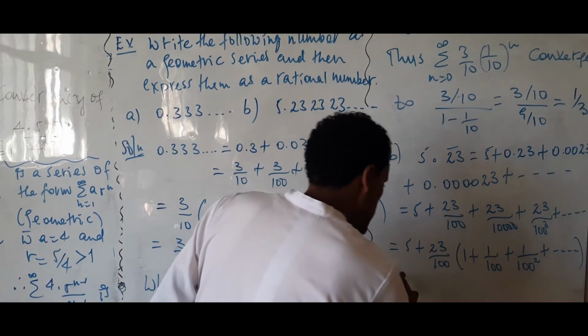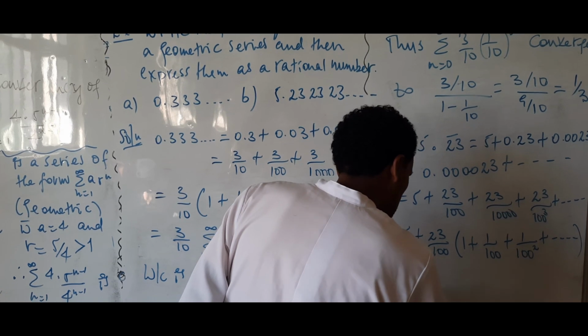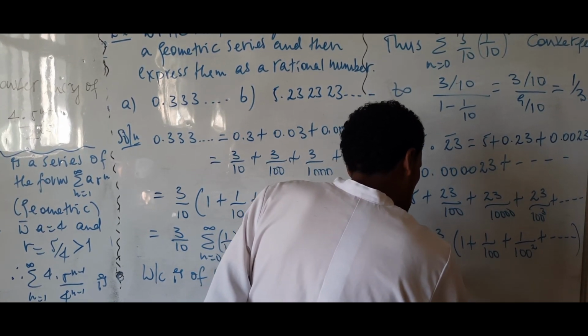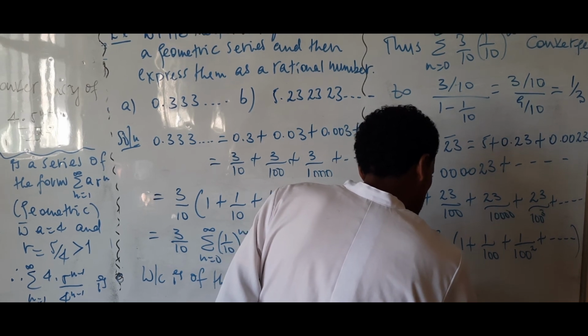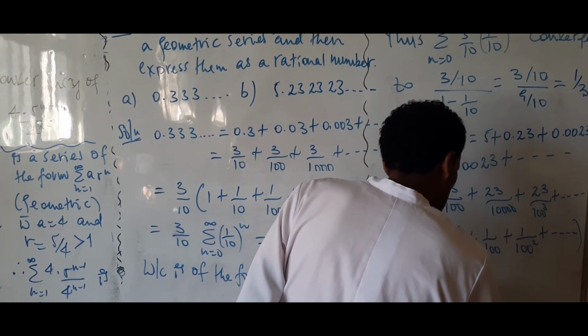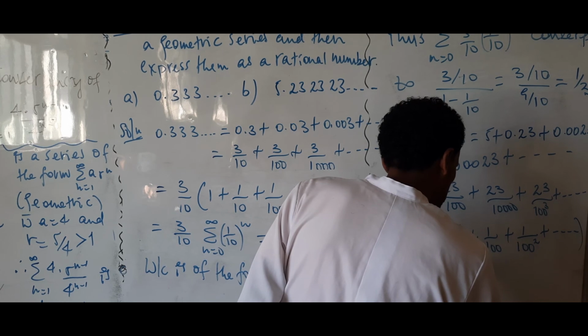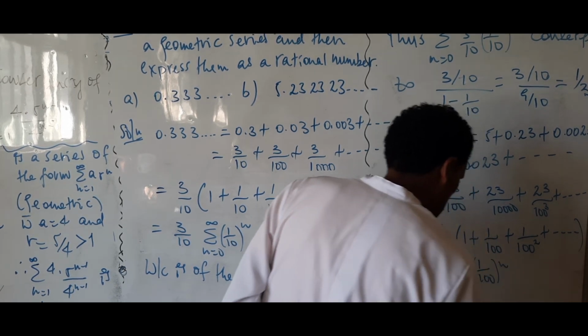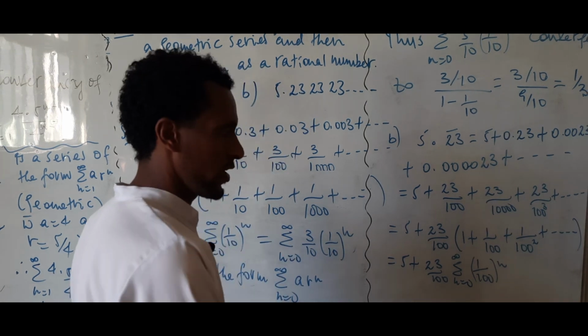Therefore, this is equal to 5 plus 23 over 100 times the sum n start from 0 to infinity of 1 over 100 to the power of n.